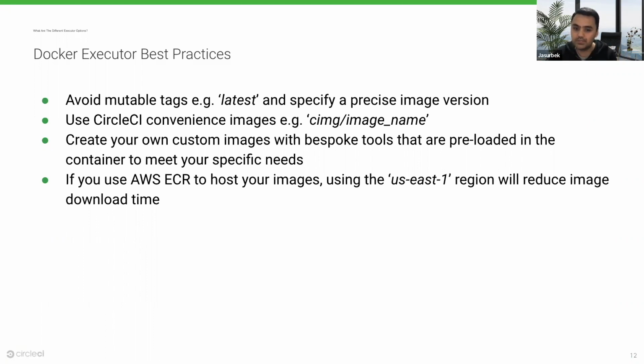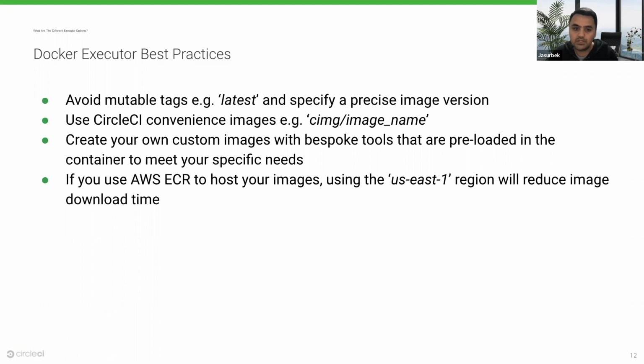In that case, it's better to create a custom image with the tools already pre-installed and preloaded in that container. So whenever you start the container, you get your custom image and you just start your build. So we would recommend, if you have too many additional tools installed, just create your own custom image.